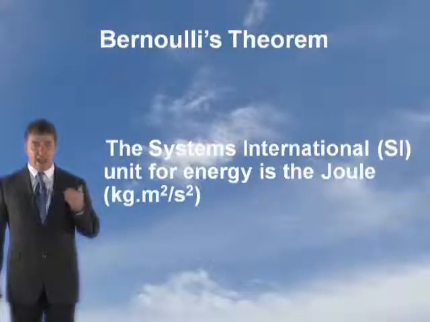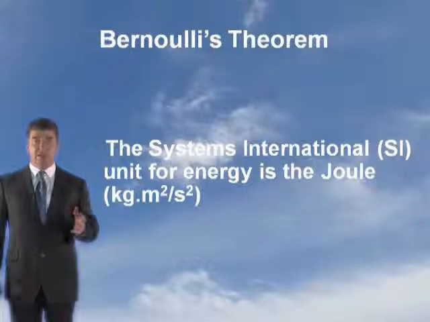Now, to use Bernoulli's theorem in calculations, it's essential to have all three forms of energy in the same units. So you've got to make sure that you convert whatever you're working in to the same units in the calculation. The SI unit for energy is the joule, and the joule is kilograms metres squared per second squared.